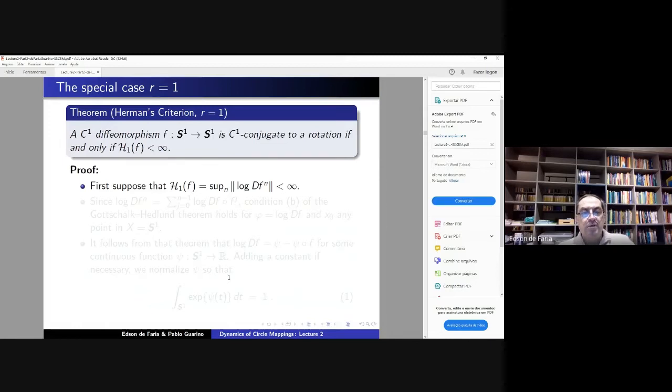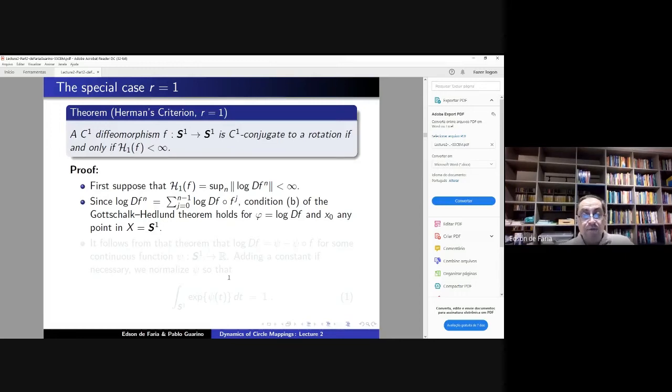You assume that the invariant is finite, and you want to show that f is C1 conjugate to a rotation, okay? Now, by the chain rule, you can write that for every positive iterate n, log of Df^n is the sum from j equals 0 to n minus 1 of log Df calculated at f to the j.